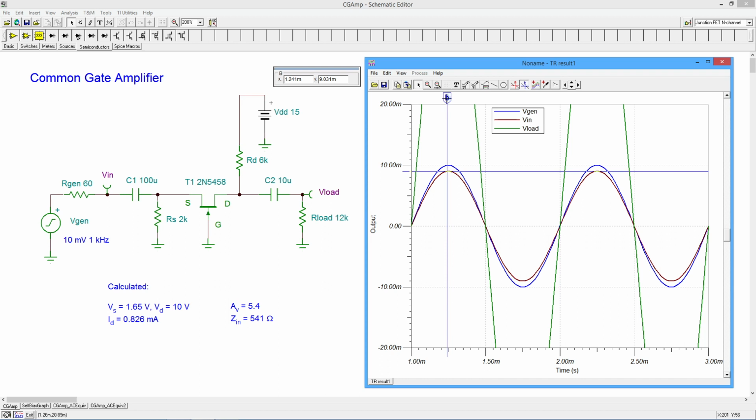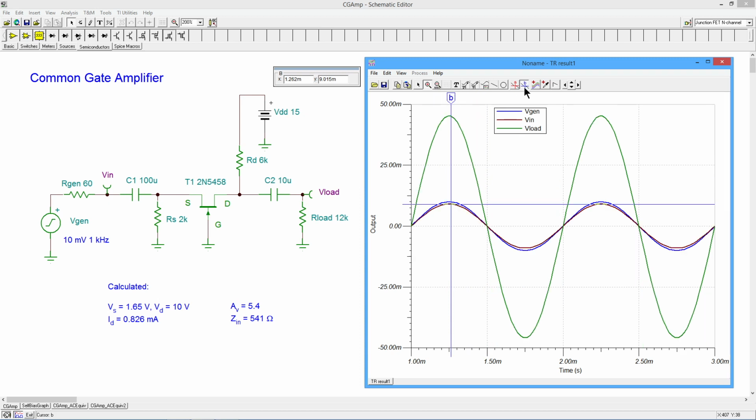And we should be losing, like I said, around 10%, so 9-ish millivolts. So here we're getting 9.03, and on the negative peak, we're getting 9.02. All right, so that looks good. That makes sense. I don't have any problems with that. That's pretty much what we expected.